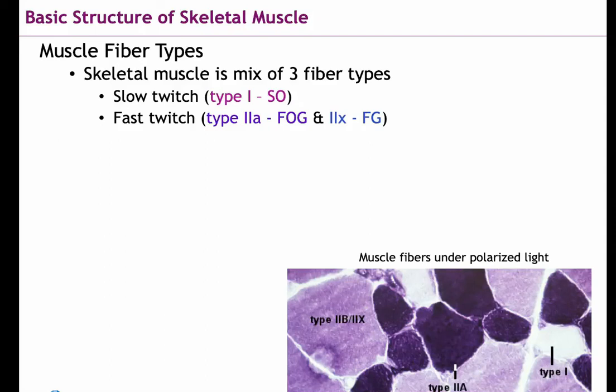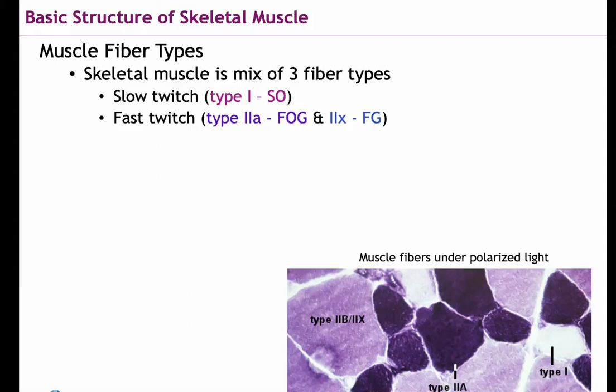Okay, so skeletal muscle is a mixture of 3 major fiber types. There are more than 3 fiber types, but we are just going to talk about 3 major fiber types. We have slow twitch and we have fast twitch. So our slow twitch fibers are called type 1, and then SO stands for slow oxidative.